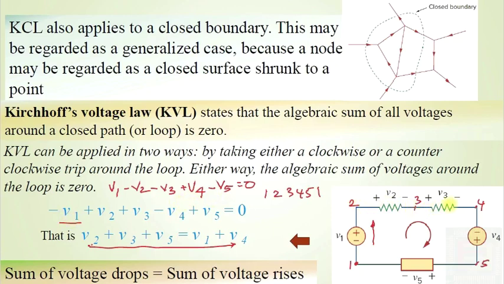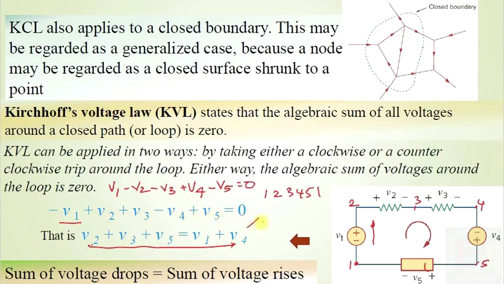Similar is the case here, because you are meeting a drop in potential and you are considering it as positive, so V3. And here you are meeting a rising potential and considering it as negative, so you get minus V4. At this point you are meeting a drop in potential, so it is to be considered as positive. So you get the equation minus V1 plus V2 plus V3 minus V4 plus V5 equal to 0.